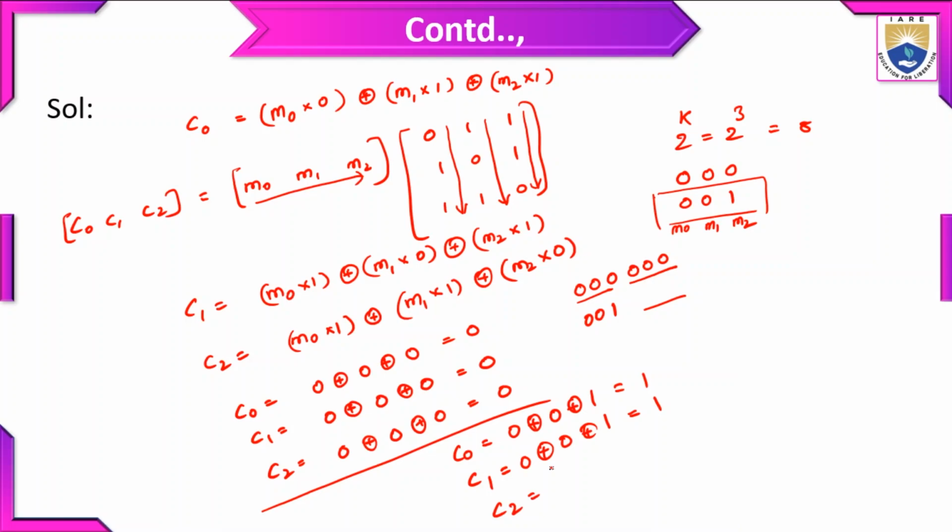M0 into 1. M0 value is 0 here, so 0 into 1, 0. XOR M1 is 0, so 0 into 1, 0. XOR M2 is 1, but 1 into 0, 0. So the final is 0. So what is my C0? C0 is 1, C1 is 1, C2 is 0. So this is the first code and this is the second code.